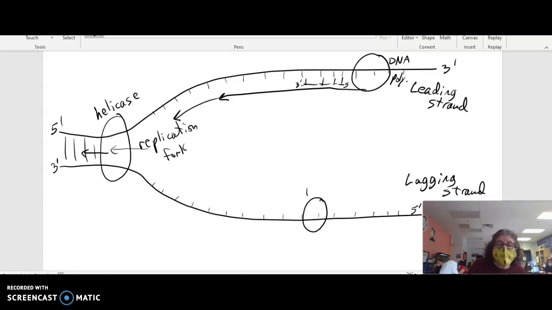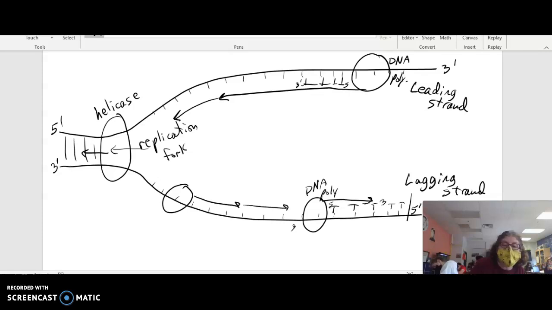Instead, it's going to be doing it this way. So here's that same DNA polymerase, and it is going to read in a 3 to 5 direction and create in a 5 to 3 direction. But then it's going to stop. It's going to run out of space and have to go back and attach here and then keep going like this.